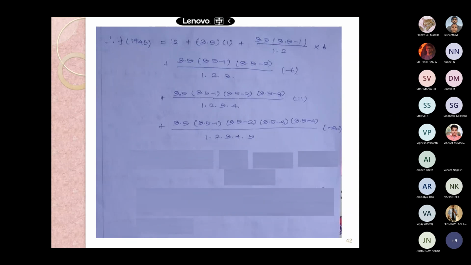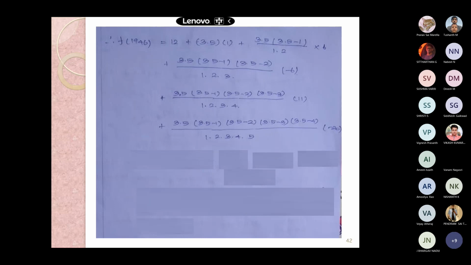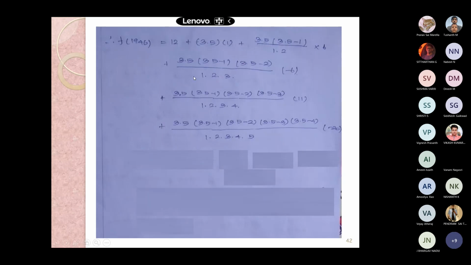The formula is y naught plus n into delta y naught, plus n into n minus 1 divided by 2 factorial into delta square y naught, and it continues. The first two terms are very minimal, so try to calculate the third term.